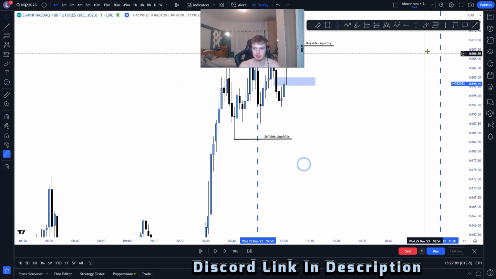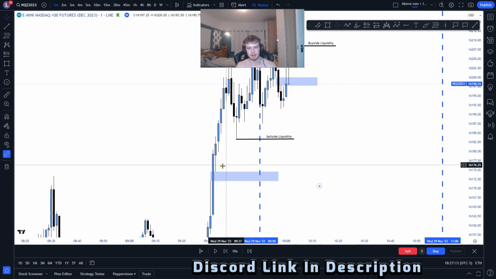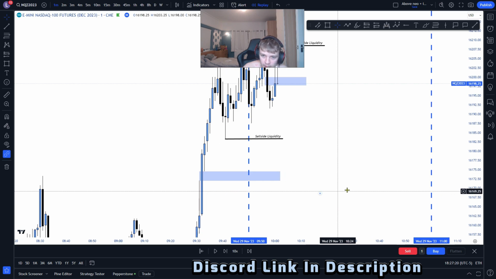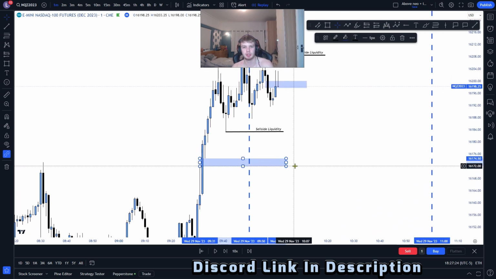We're looking for a long, and people ask, can I use a fair value gap that is before the time? As you can see, this fair value gap was created at 9:32. Yes, you can use these fair value gaps, but as I just said, you want to make sure you're a bit more experienced, because you want to make sure that you use the right fair value gaps.